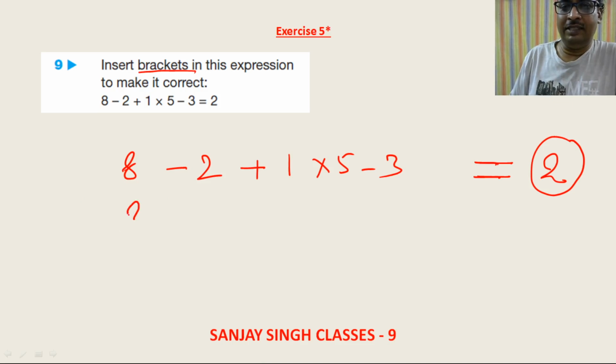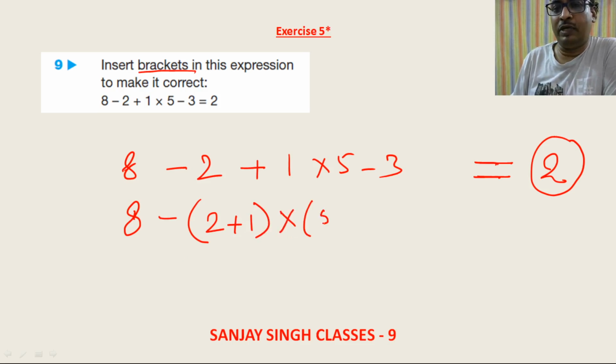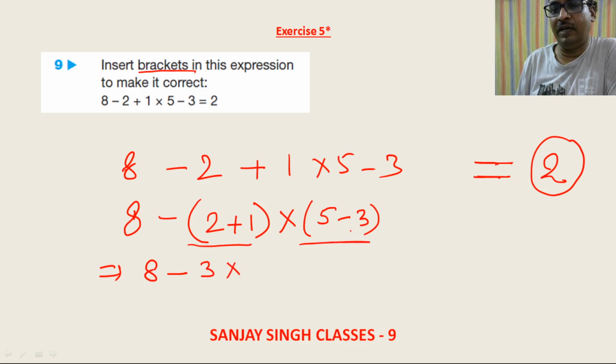So like this we can put 8 minus, 2 plus 1 in a bracket, into, and further we can put a bracket as 5 minus 3. If we do this, we will get 8 minus, inside the bracket 3, into, inside the bracket 5 minus 3 as 2, so it becomes 8 minus 6 and our answer will become 2.